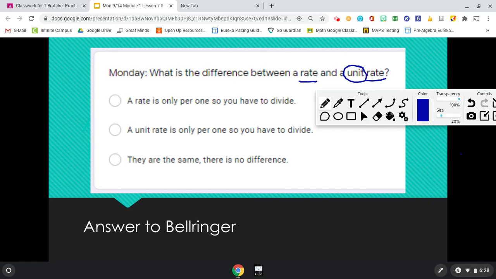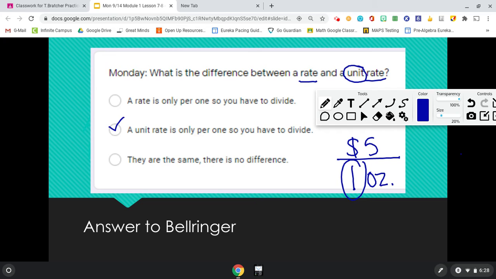And hopefully you remember from the first couple of classes that if you have a unit rate, you might have that it's $5 for 1 ounce. So that bottom denominator of 1, you get that by dividing. So you should have chosen this one. A unit rate is only per 1.